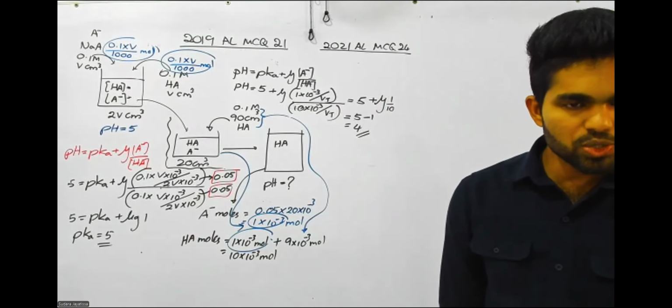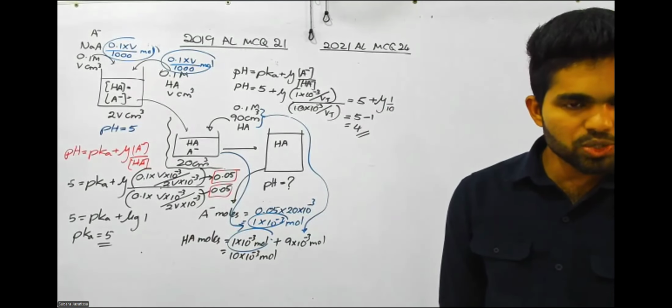Then apply Henderson. pH equals pKa plus log A minus over HA. It's very simple. Your pH is 4, pKa is 5, and the A minus concentration is 0.1 into 10 into 10 to the power minus 3 over total volume, which we don't know.